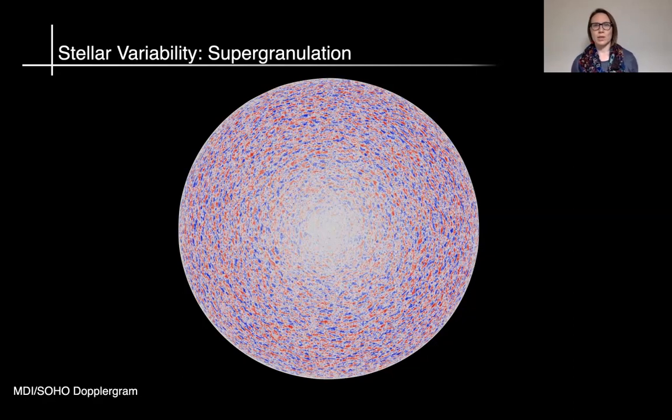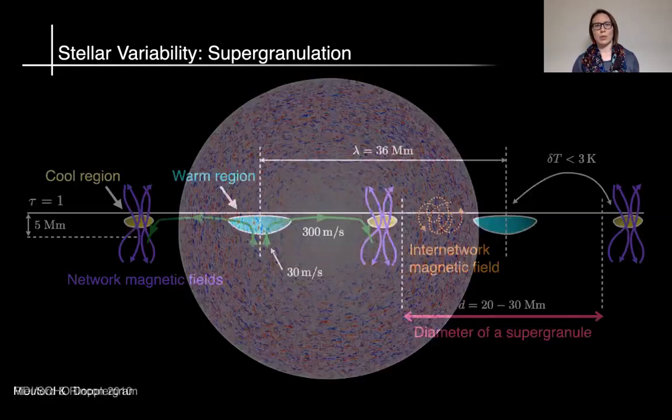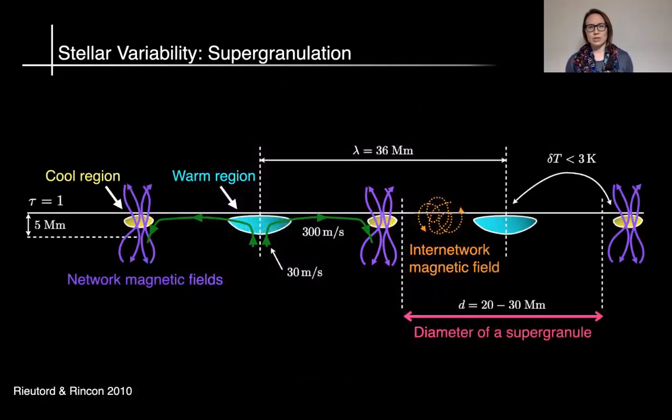And what they are is actually collections of individual granules grouped together with a diameter of about 30 megameters. So you can see here in this schematic of supergranulation how large the diameter is, and in between individual supergranules, you'll see magnetic bright points and this clustering of the magnetic network that I mentioned earlier.